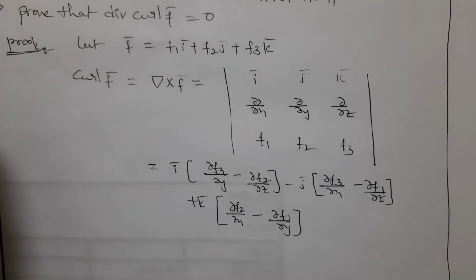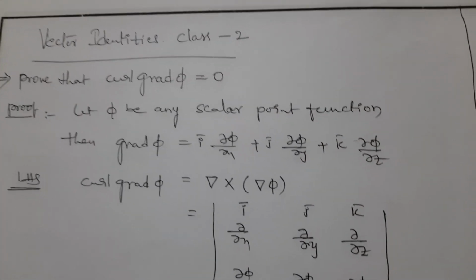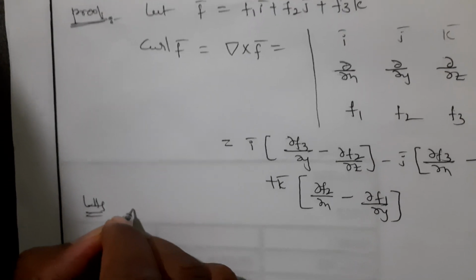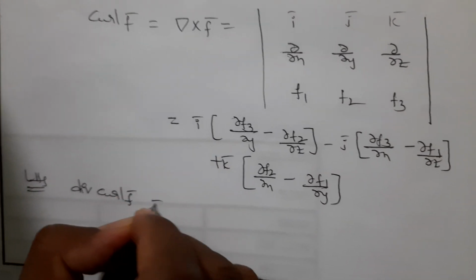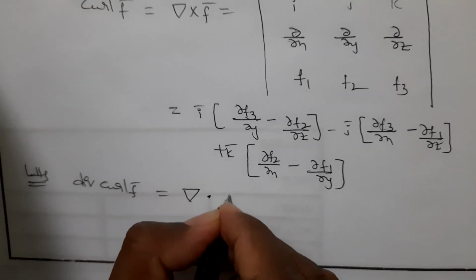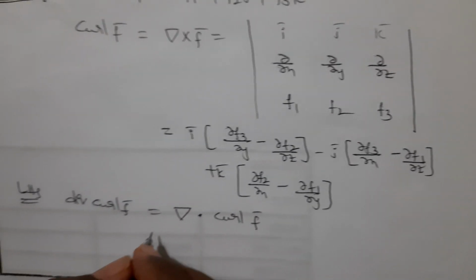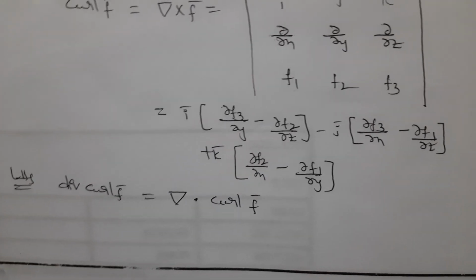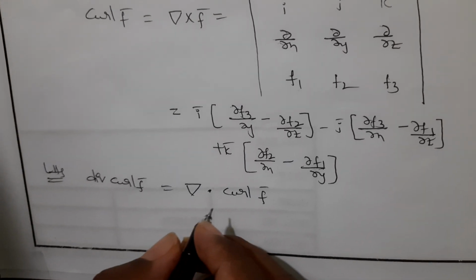Next, prove the divergence of curl f bar. Divergence of curl f bar is nothing but the LHS value. Divergence of curl f bar is equal to del dot curl f bar. What is del value? i bar into dou by dou x plus j bar into dou by dou y plus k bar into dou by dou z.